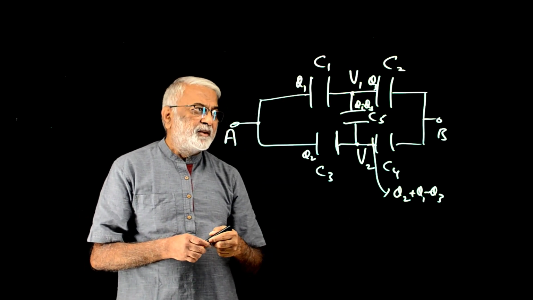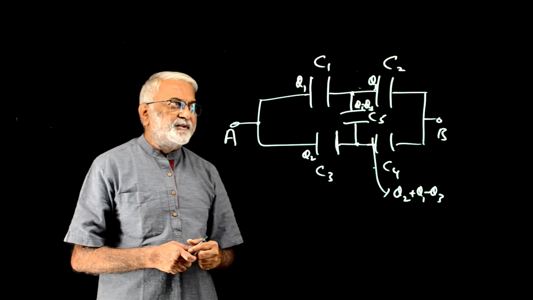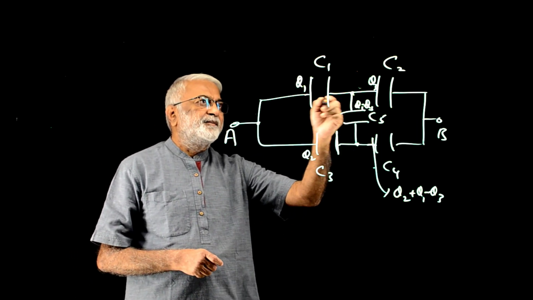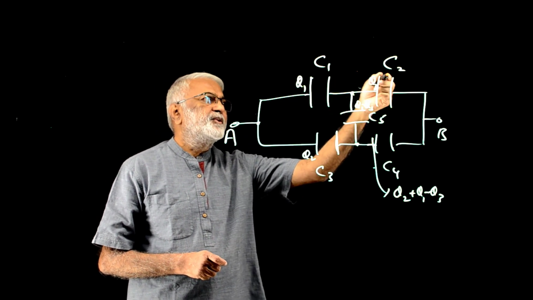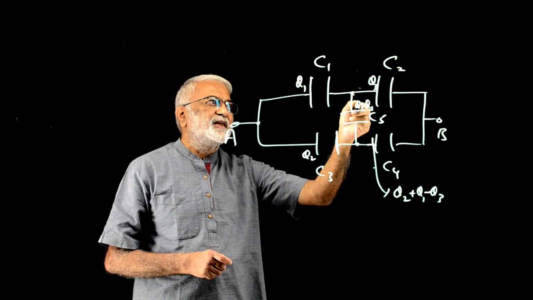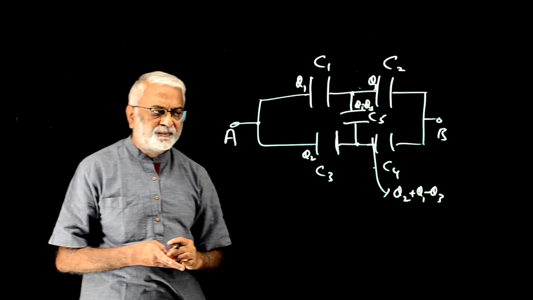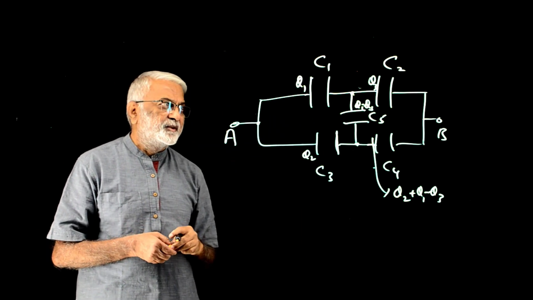We're not assuming potential differences, so we don't need those V1s and V2s. So what is the potential between A and B? VA minus Q1 by C1 minus Q3 by C2 will be VB. So VA minus VB will be Q1 by C1 plus Q3 by C2. So we know the potential between A and B in terms of the assumed charges.